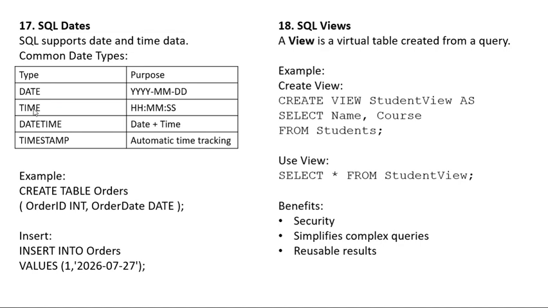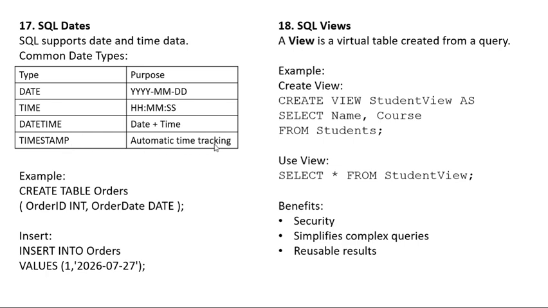The time data type is used as first hours, colon, minutes, colon, and last seconds. DATETIME is first a date and after that a time.